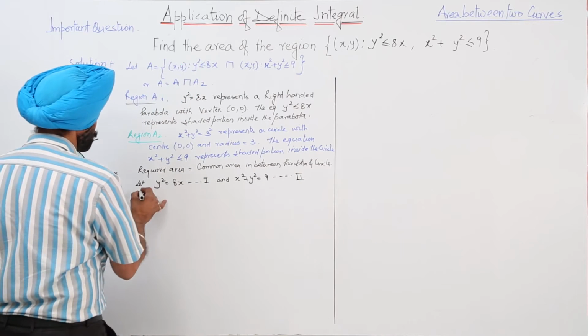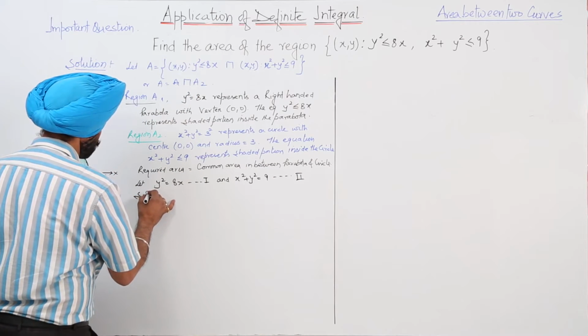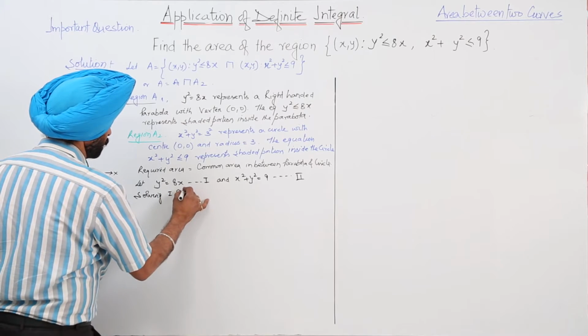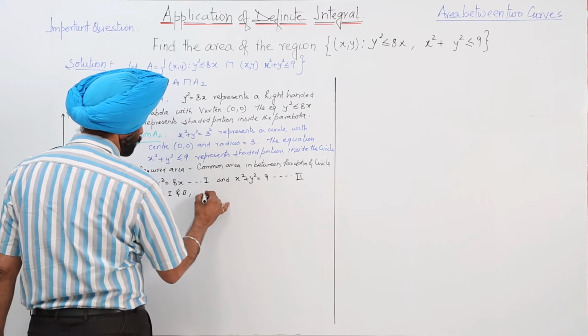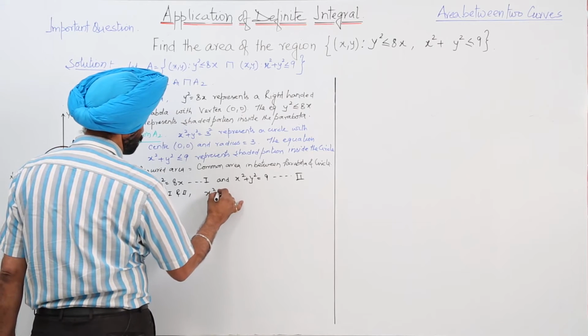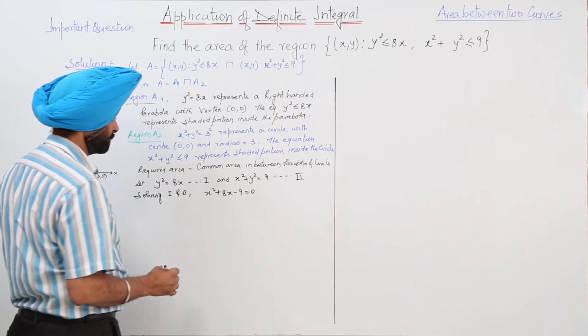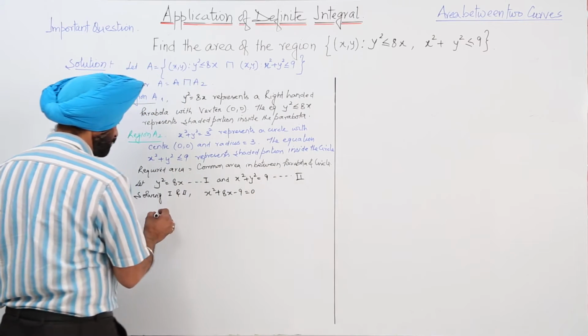Now solving 1 and 2, we get x square plus 8x minus 9 is equal to 0. Now let's make the factors.